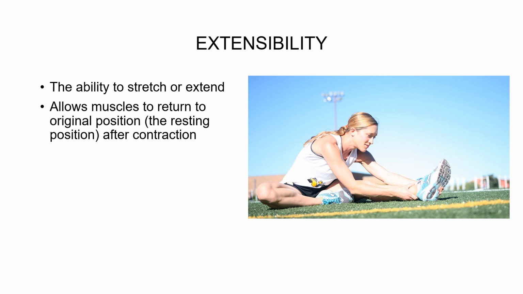So picture this, if you're trying to jump up on a chair, what you have to do is stretch the muscle a little bit before actually contracting, right? So if I'm going to contract all my quads and my hamstrings and my leg muscles to jump up on a chair, first I have to bend my knees, bend my hips, and stretch the muscles, and then I can explode up and jump on the chair.